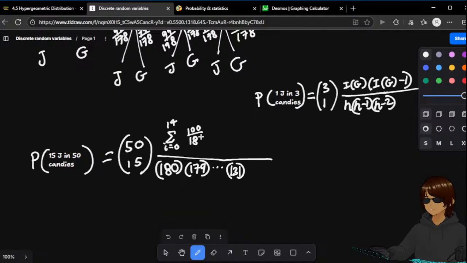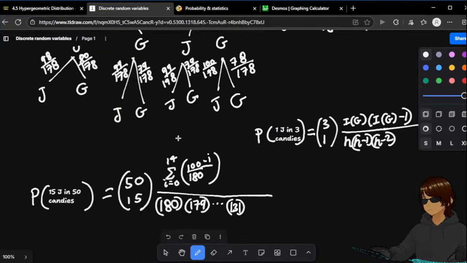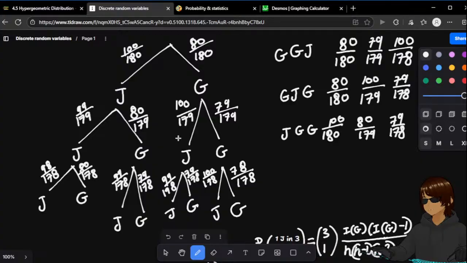Probability of picking a jelly is this. So this times this, minus I. Minus I. So 100 over 180 and then 99 over... Wait, 99.